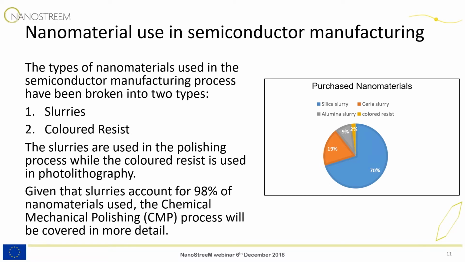And simply because of the little chart there, in terms of the nanomaterial usage, you'll see that 98% of the nanomaterials that we use are in a slurry form, but used in this polishing area. And the official name for this area is known as chemical mechanical polishing, or CMP, the term that we utilize quite a lot. So from here on in, I'm really going to focus on CMP because it is by far the part of the process that we will be looking at.